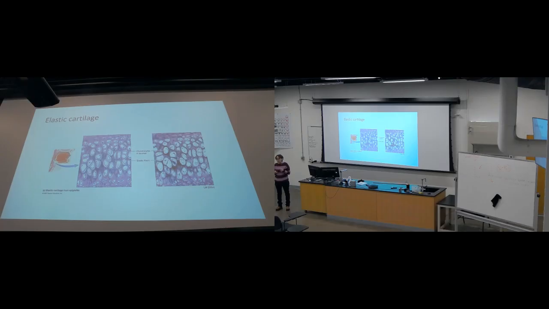So when someone is eating or drinking, the epiglottis covers the larynx so that the food or the liquid doesn't go into your airways. So that goes into your digestive system because you close the larynx with this epiglottis.